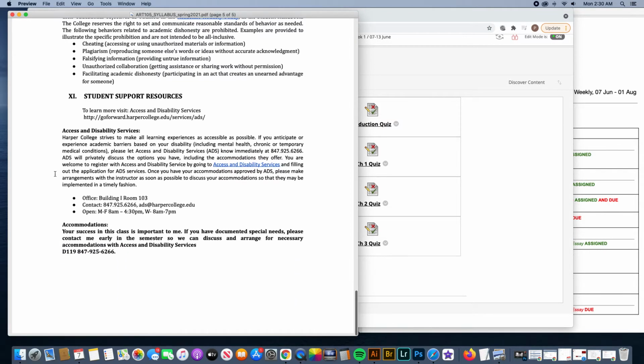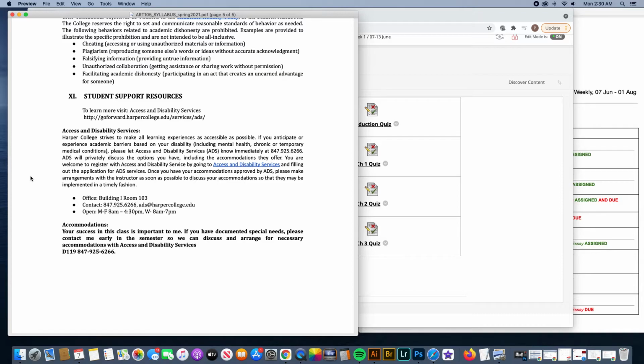All right, so Harper has student support services such as Access and Disability Services. Many students would benefit from accommodations, and accommodations come in many different ways, such as extended deadlines for turning in work and extended times on tests and things like that.